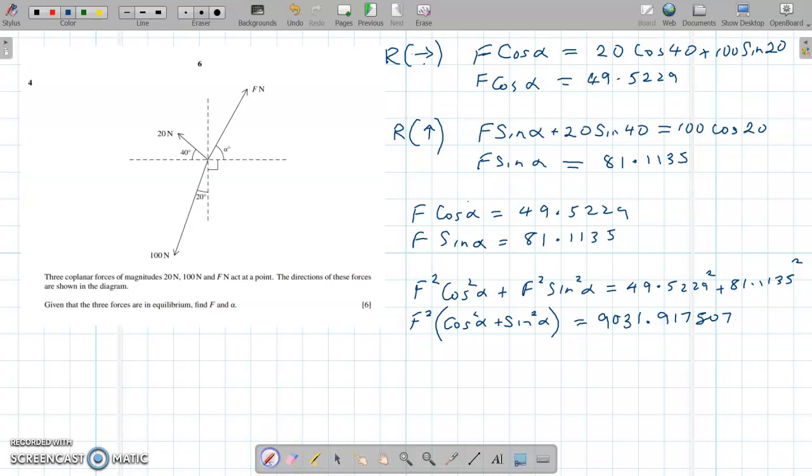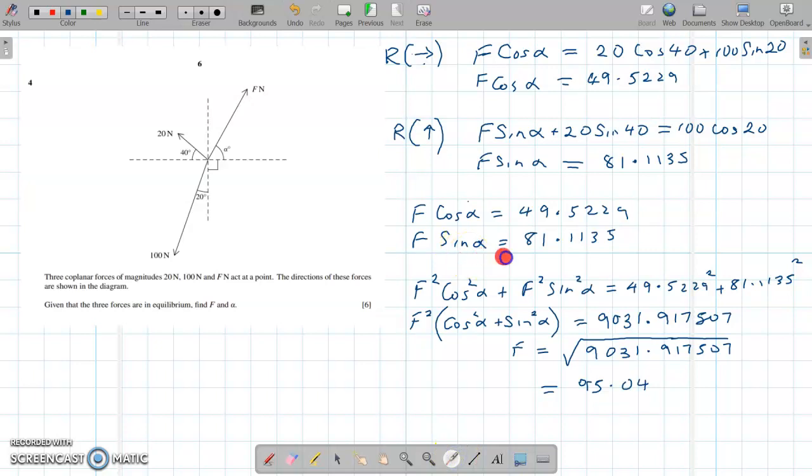Therefore F equals the square root of 9031.917507, which is 95.04. So we found F independently of alpha, and now we're going to find alpha independently of F. We could just sub F as 95.04 into one of these, but it's much better practice to work them out independently if you can.